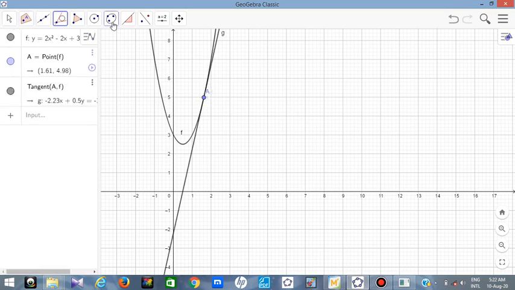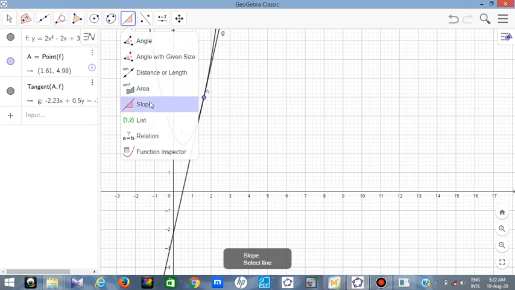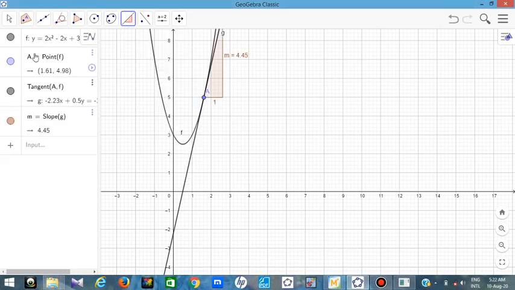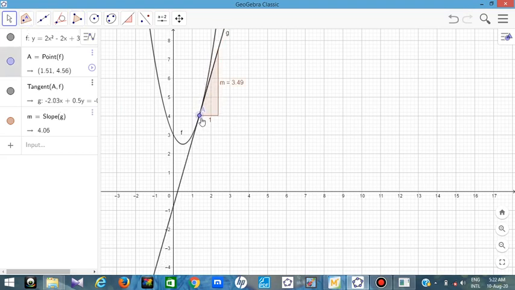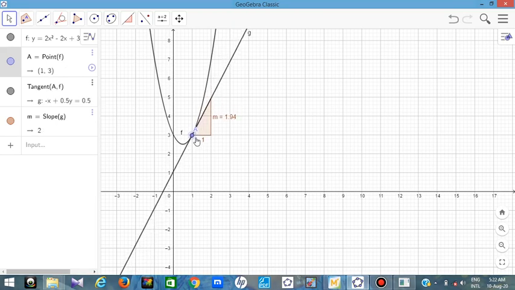So let's get the gradient. You will see that when x is 1, y is 3. When x is 1, y is 3.